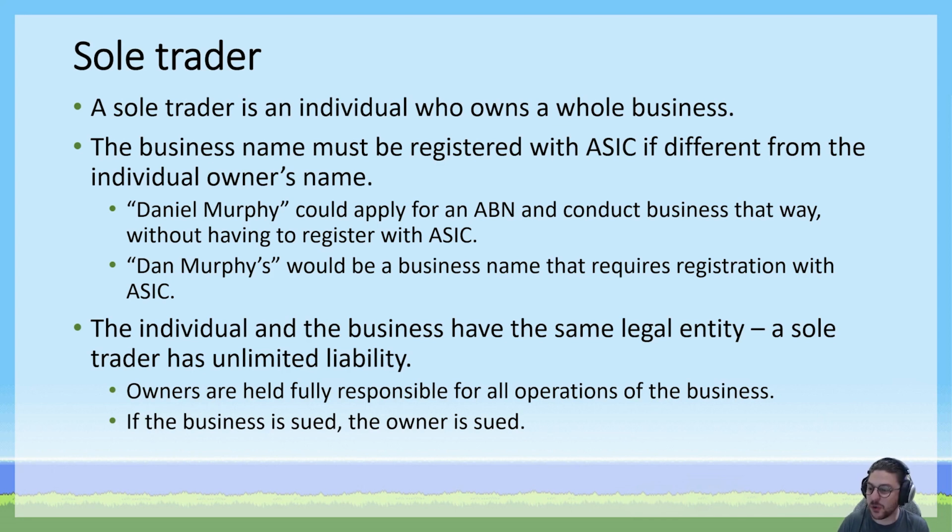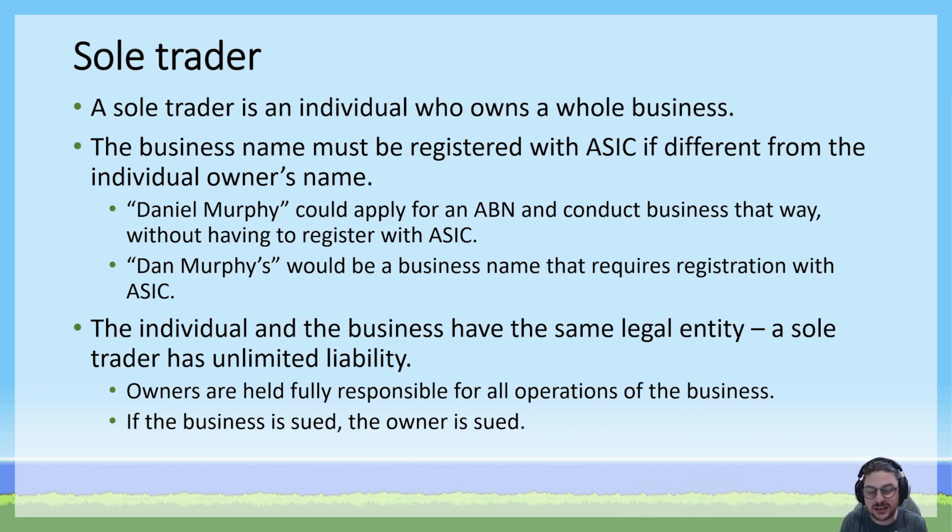Some of the features of a sole traded business is that if the business name is different than the individual's name, say you've got old mate Daniel Murphy, if he wants to open a bottle shop that he's going to call Dan Murphy's, because Dan Murphy isn't his legal name, he'd have to register that business name with ASIC, the Australian Securities and Investment Commission.